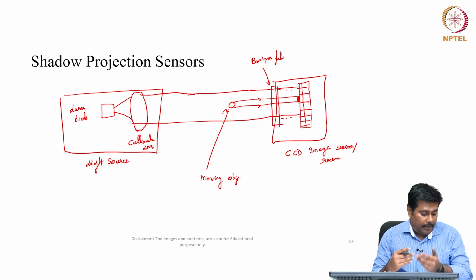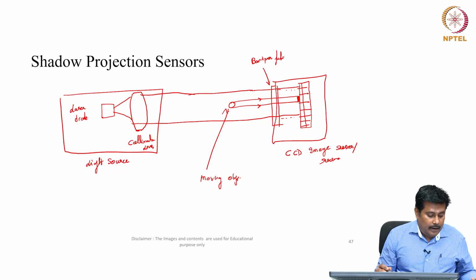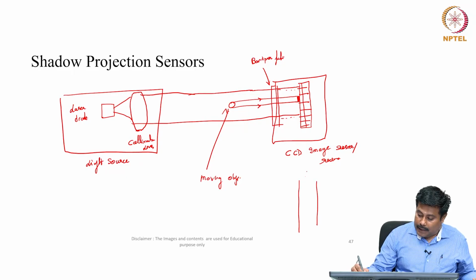There are wide varieties of configurations. These shadow projection sensors can also be used for collecting the transmitted light through a fluidic channel. If we have a construction, this is a fluidic channel, and the object is moving, and this is the shadow projection sensor.